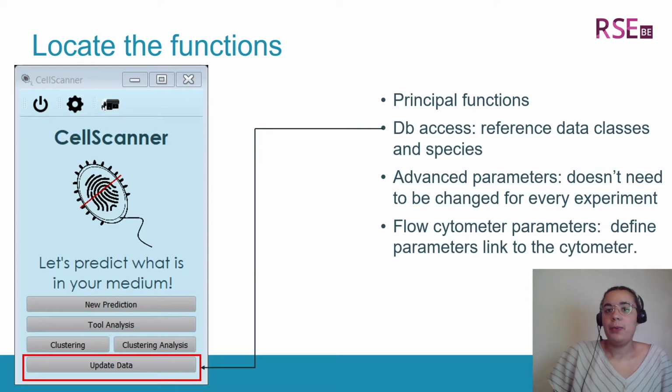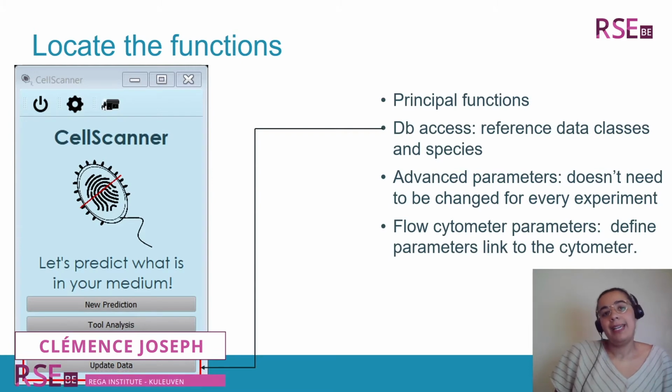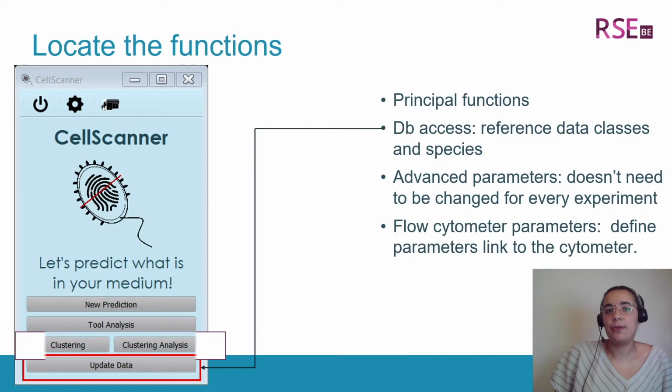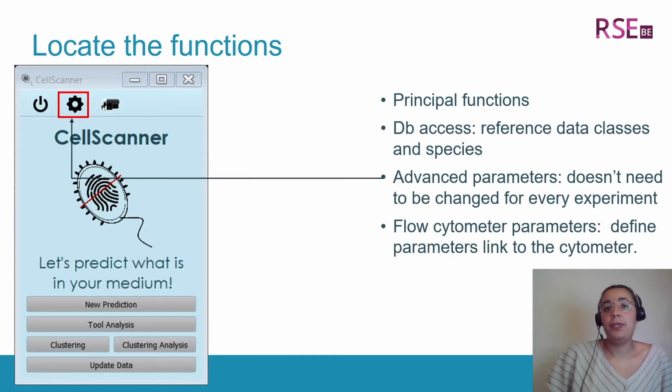The user needs to complete this information before doing a prediction. But once selected, this can be used for several predictions, so it doesn't need to be used as often as a prediction function. We put on the taskbar the advanced parameters, which don't need to be changed once they are defined. The parameters match the expectation. So once or sometimes, but really less often than the other buttons.